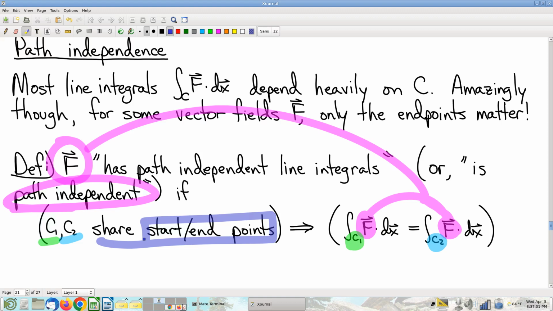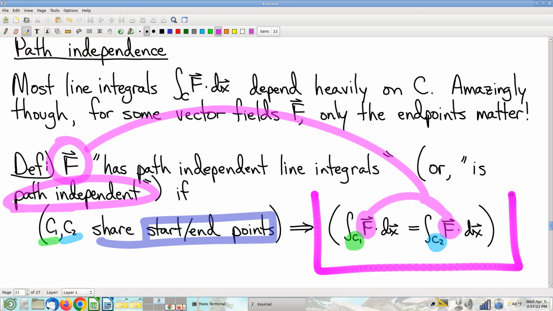That said, there are some vector fields, believe it or not, where as long as the curves have the same starting and ending point, the rest of the curve does not matter. In other words, you get the same answer no matter which curve you pick.